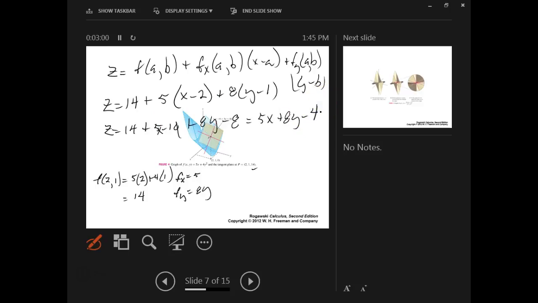So there's your equation for the tangent plane. Now, why in the world did they write it the way they did? They start with the minus 4 and then do plus 5x plus 8y. There's no reason to write it that way. 5x plus 8y minus 4 works just as well.